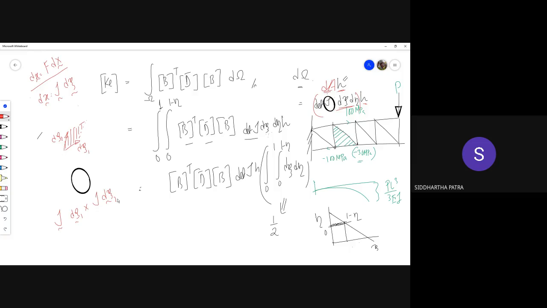It can be shown that this quantity has a magnitude of det J times the magnitude of d xi 1 cross d xi 2. So what I'm trying to say here is the differential area in the physical coordinate is det J times the differential area in the natural coordinate. That's it. It can be shown. I'm not showing it here.